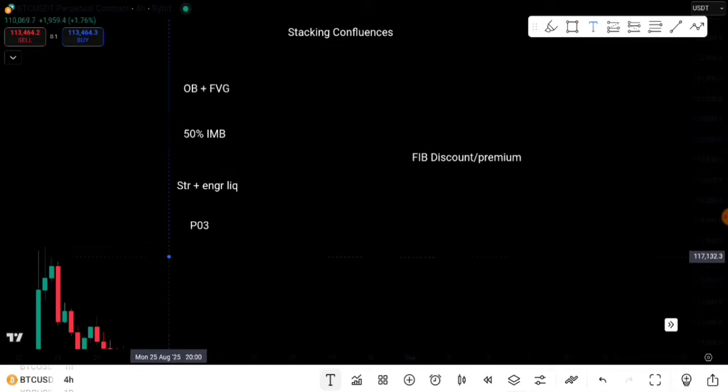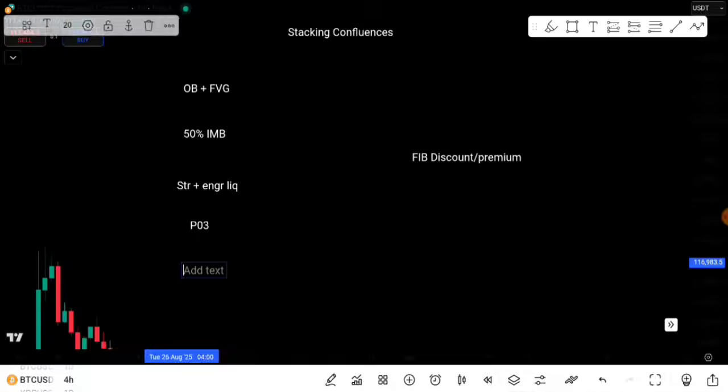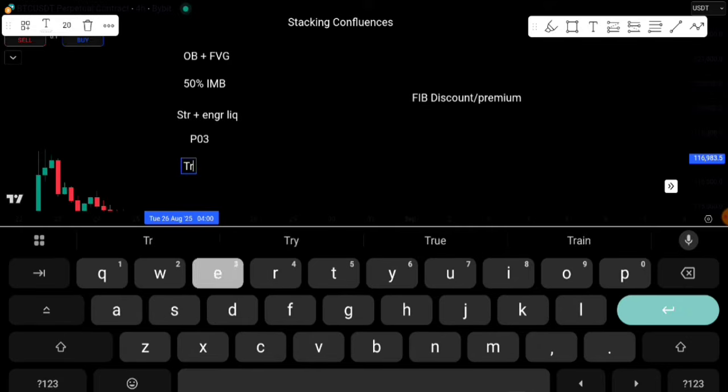So now if you are good, you can stack all these confluences together, or you can focus on the one you always see, that your eyes can see, and trade those.